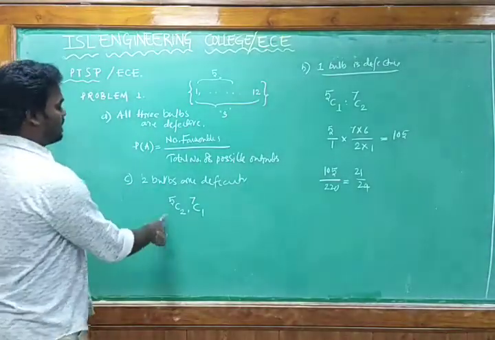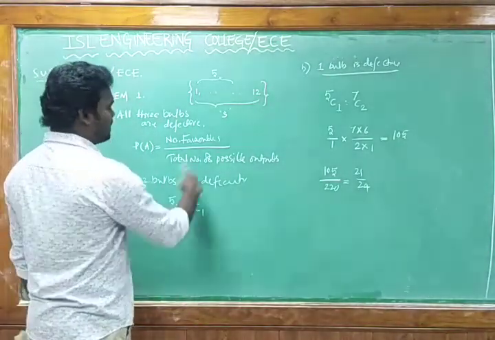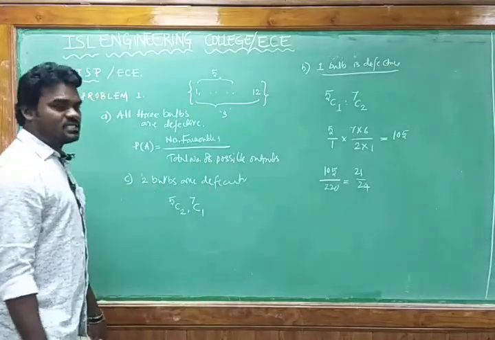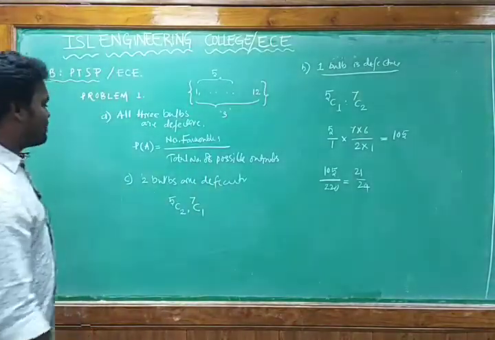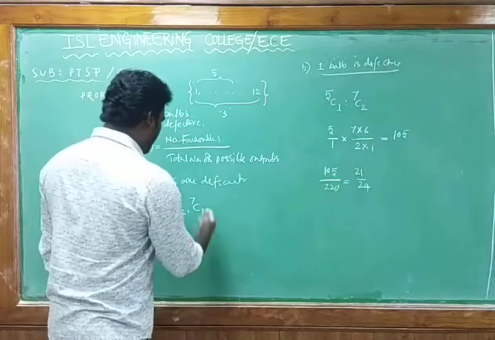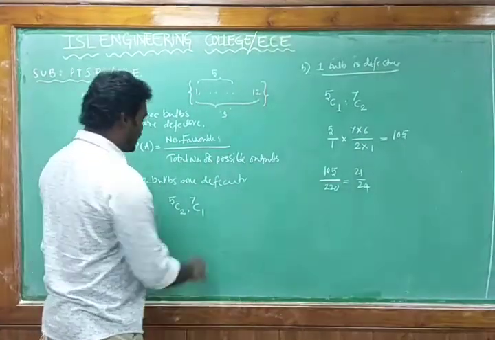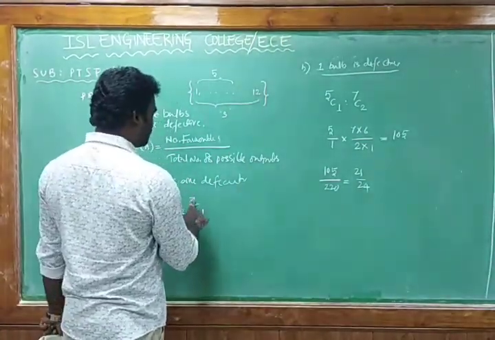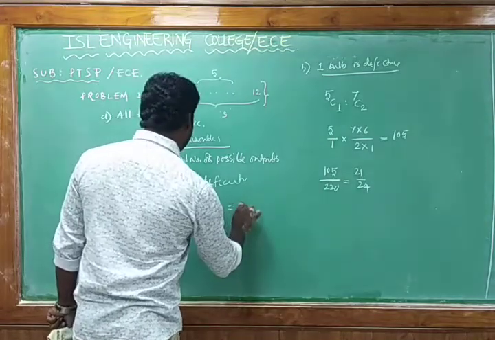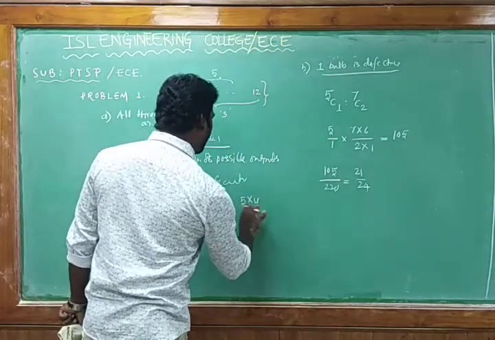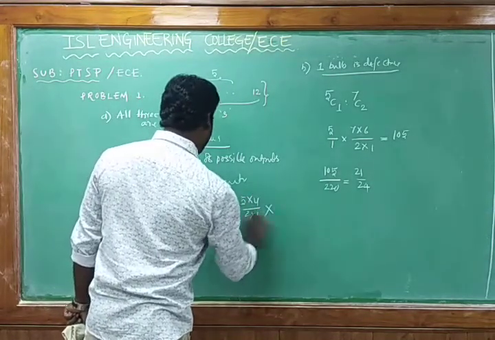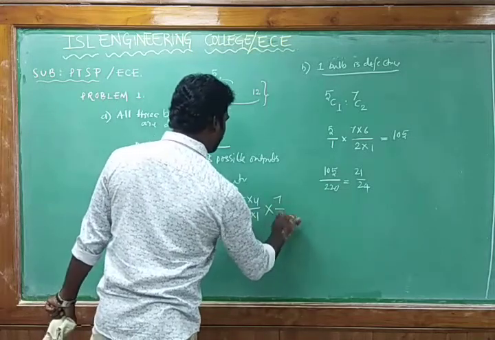This is the number of favorable cases, and the total number of possible outcomes, the sample space, remains the same. So 5C2 into 7C1. 5C2 is nothing but 5 into 4 by 2 into 1, and 7C1 is nothing but 7 by 1.